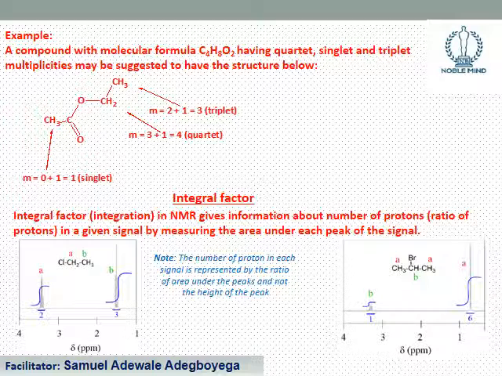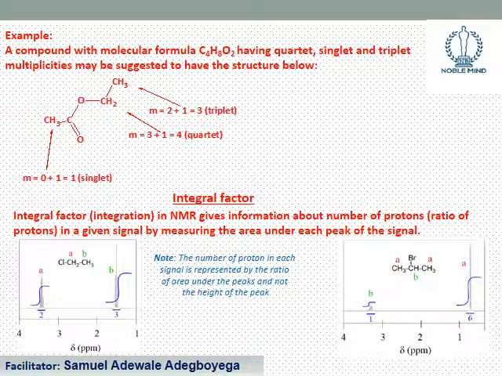Check signal B. If you measure that integral sign from where it started to where it ended, measure that of signal B and compare it to that of signal A, you will discover that the length of signal A is 6 times larger than signal B. That is 1:6.